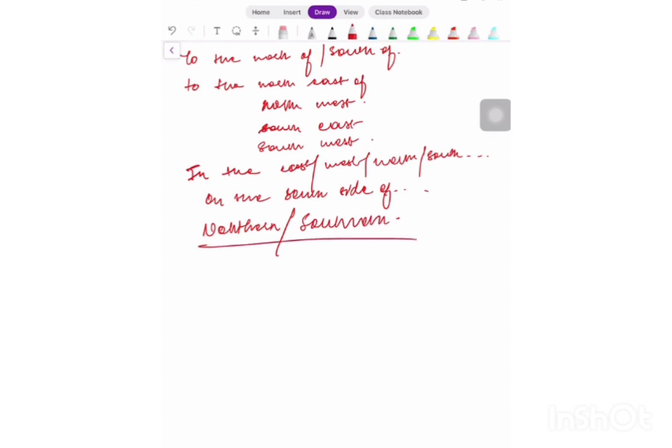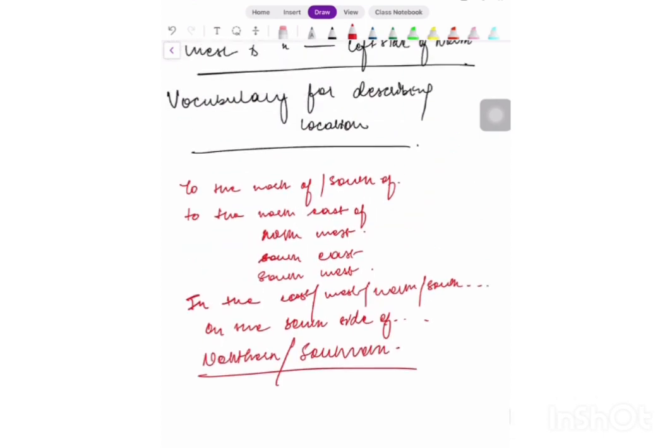Okay, the northern peninsula, southern peninsula. This is to show the location.